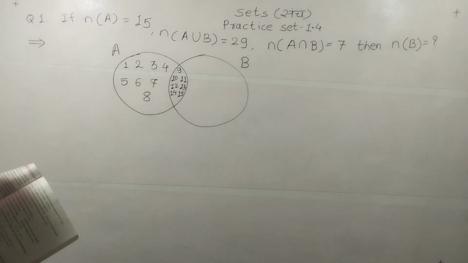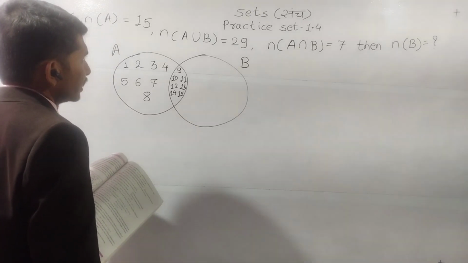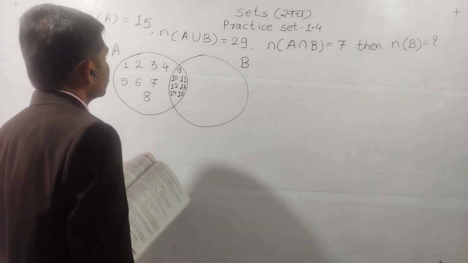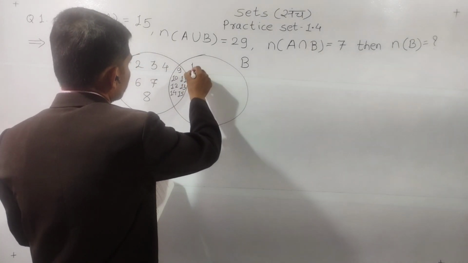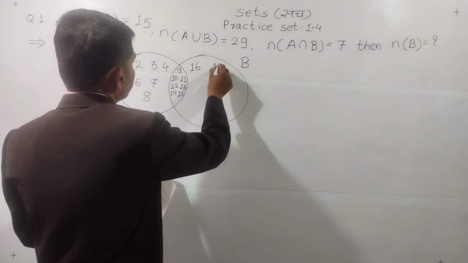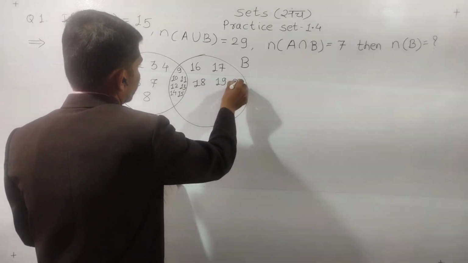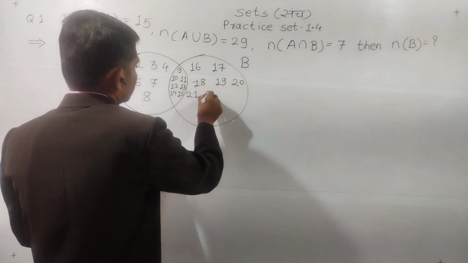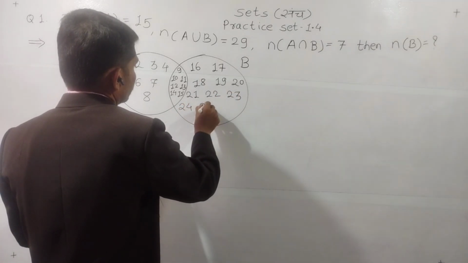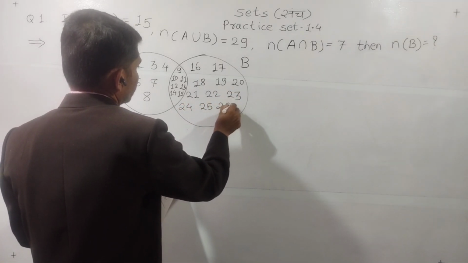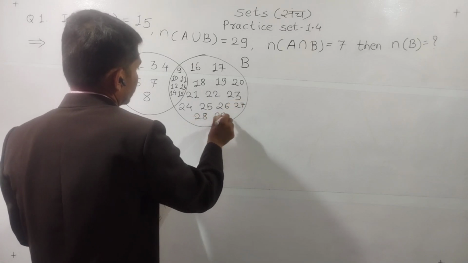Okay, so the remaining elements we have to write here. Total 29 elements are here, so we have to continue 16, 17, 18, 19, 20, 21, 22, 23, 24, 25, 26, 27, 28 and 29.